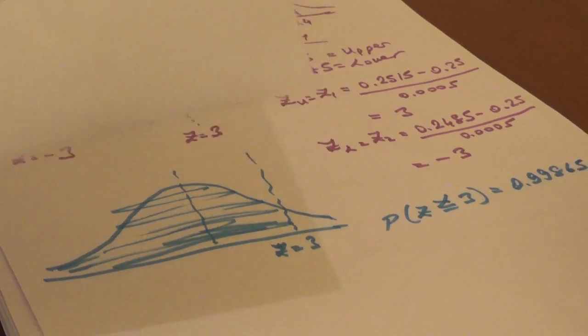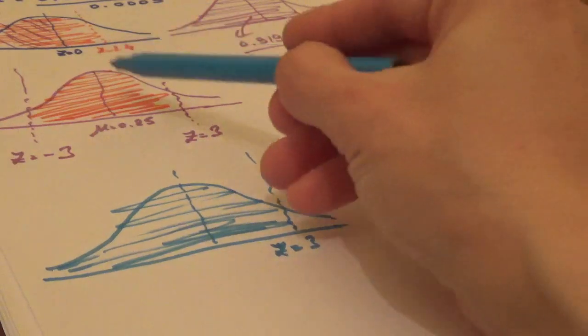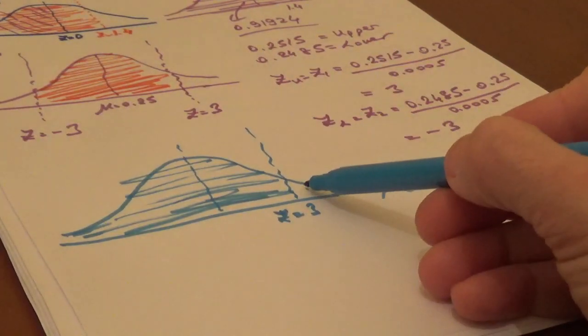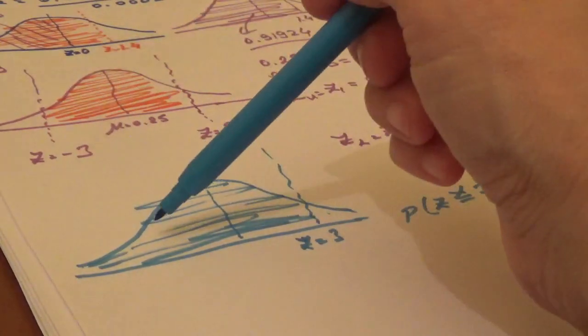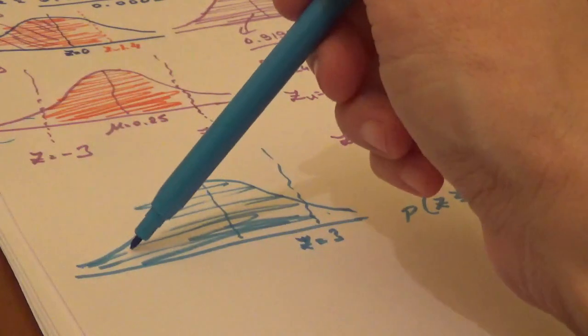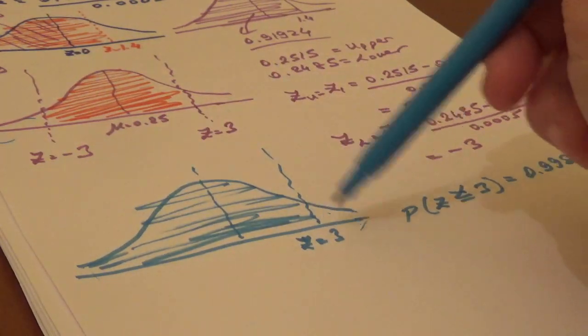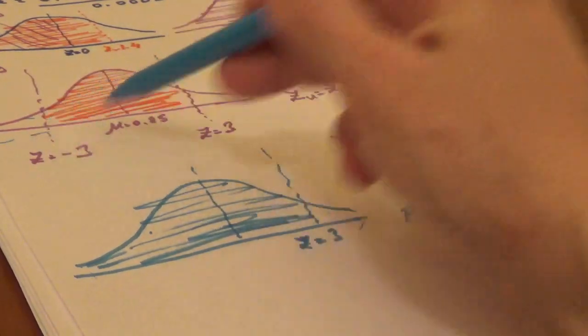Okay, but we want to find the area under these limits. If we subtract this part from here, which is also this part, then we would be finding the area under these limits.